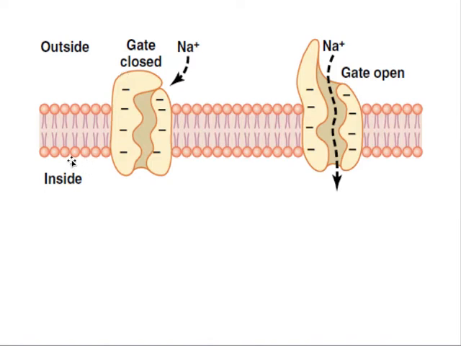As long as the voltage inside the membrane remains negative, the gates of the sodium channels remain closed and do not allow the entry of sodium inside the cell. But as soon as the negativity inside the membrane becomes less or changes in the positive direction, these gates open and allow a rapid influx of the sodium ions inside the cell.